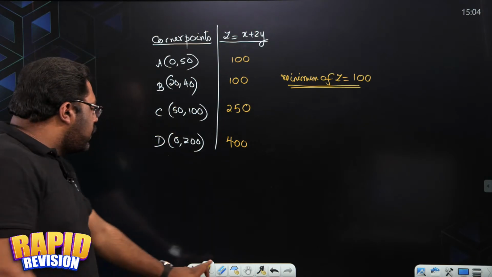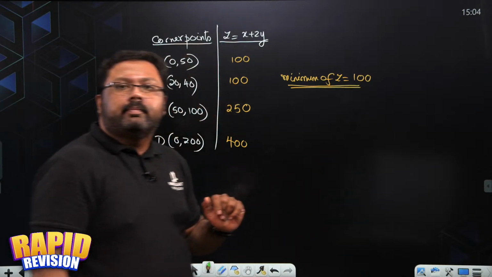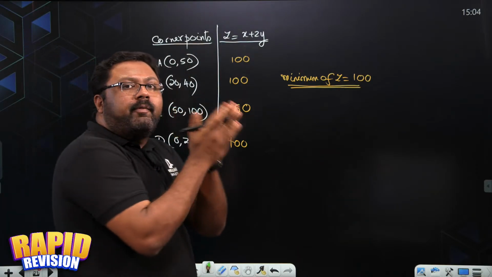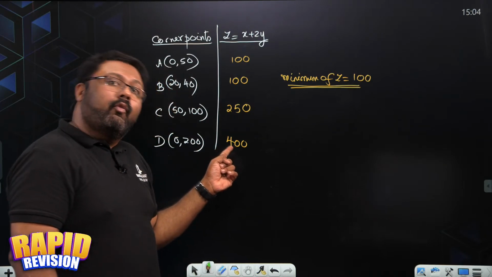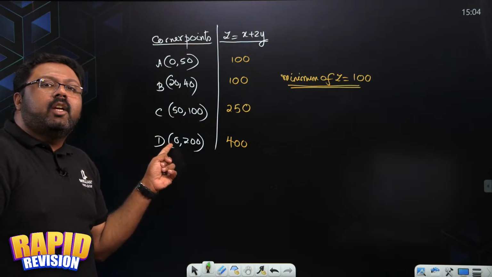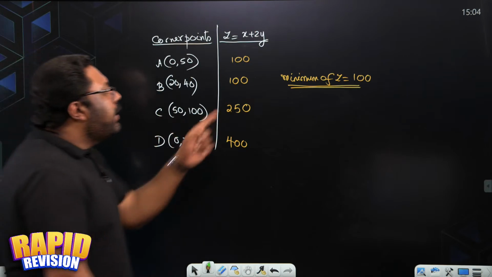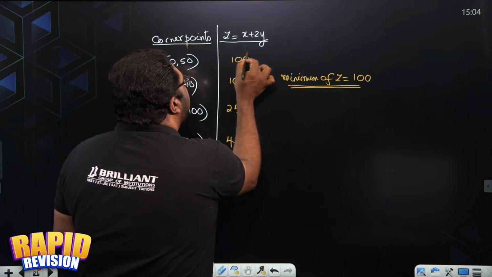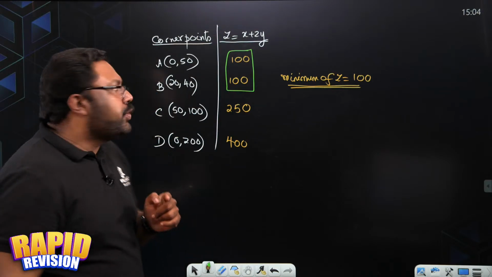What is the minimum of Z? 100. I chose this question particularly for one important reason. If the question was for maximum of Z, you will say maximum of Z is 400, which is for x equal to 0, y equal to 200, finished. But here your minimum of Z has two solutions.